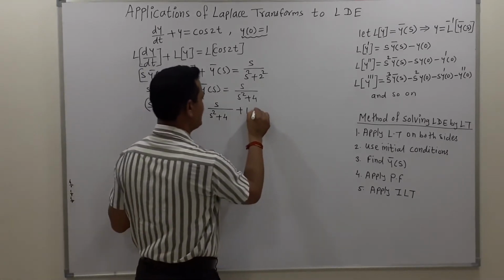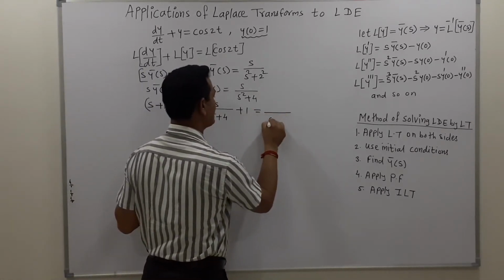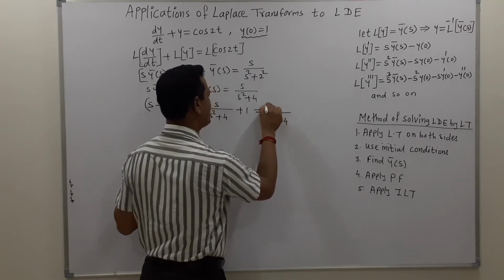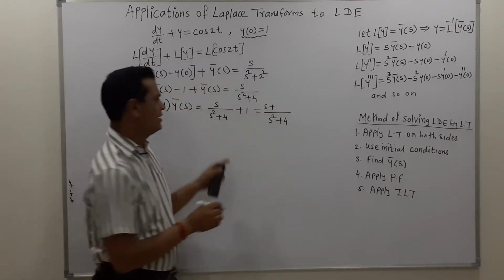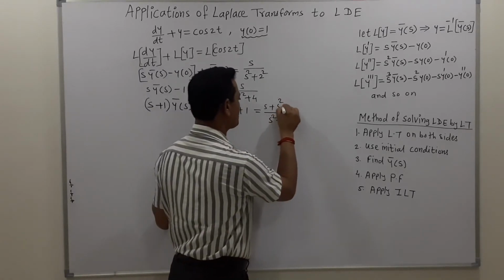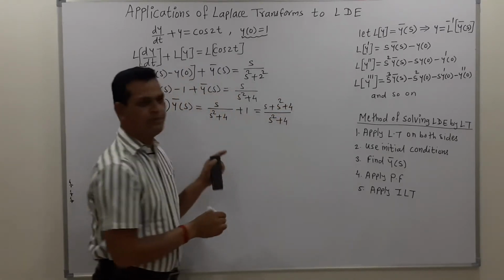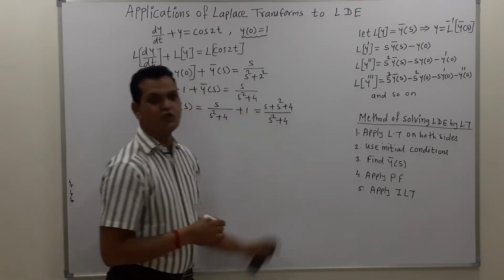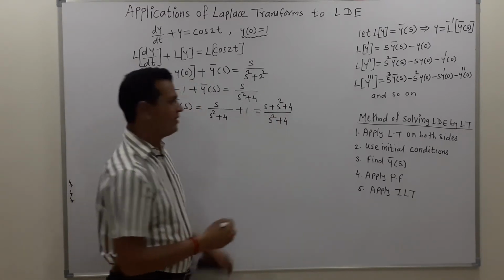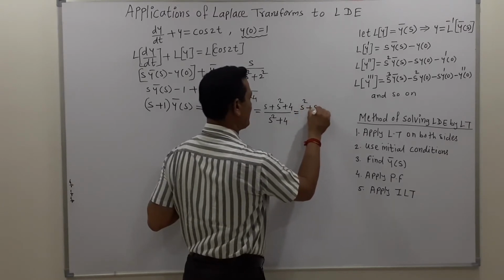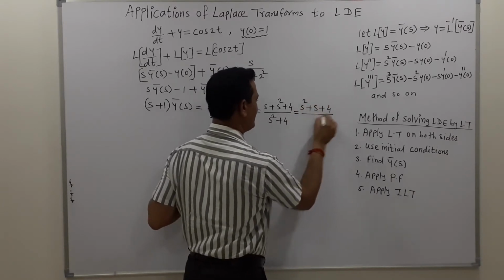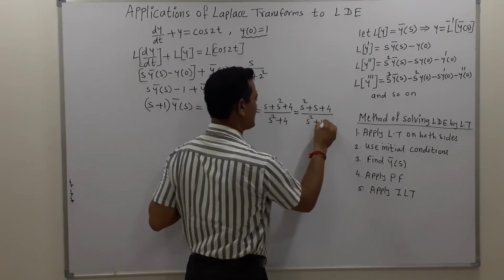Now just simplify this. We get s square plus 4 as it is, and this is s plus 1. If we multiply these two on this side, then we get s square plus 4. If we rearrange this numerator according to the decreasing power of s, then we get s square plus s plus 4 divided by s square plus 4.